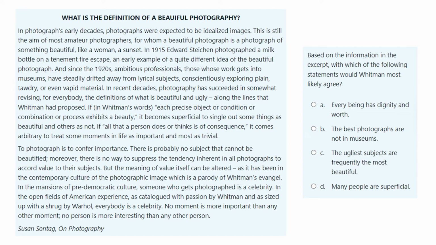Well, in Whitman's words were in paragraph 1. Each object or condition or combination exhibits a beauty. Every object has beauty. And then, all that a person does or thinks is of consequence. Everything that a person does, everything that a person thinks is important, is consequential.